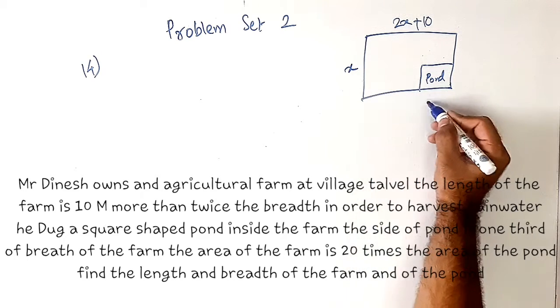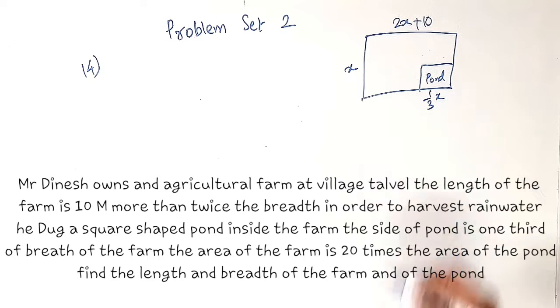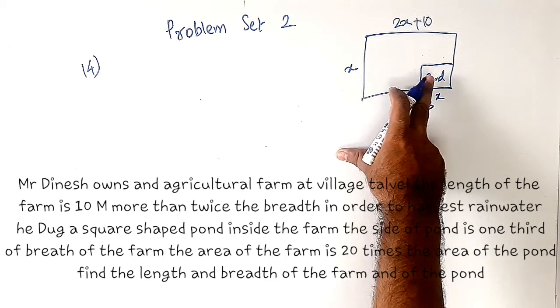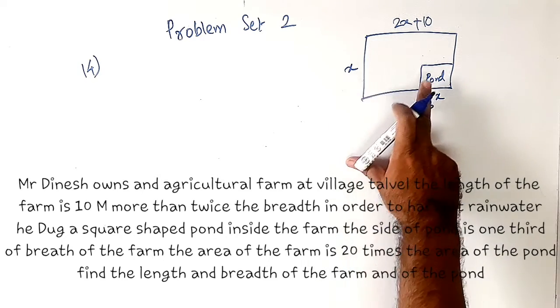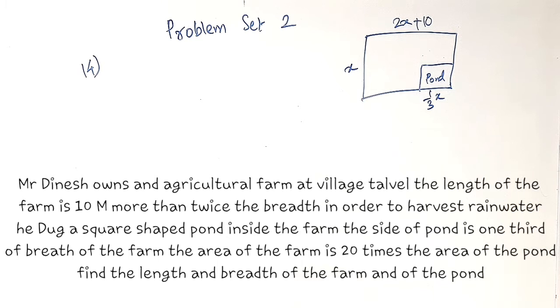So if this is x, this is 1/3 of x. So the area of farm is 20 times the area of the pond. Find the length and the breadth of the farm and the pond both.